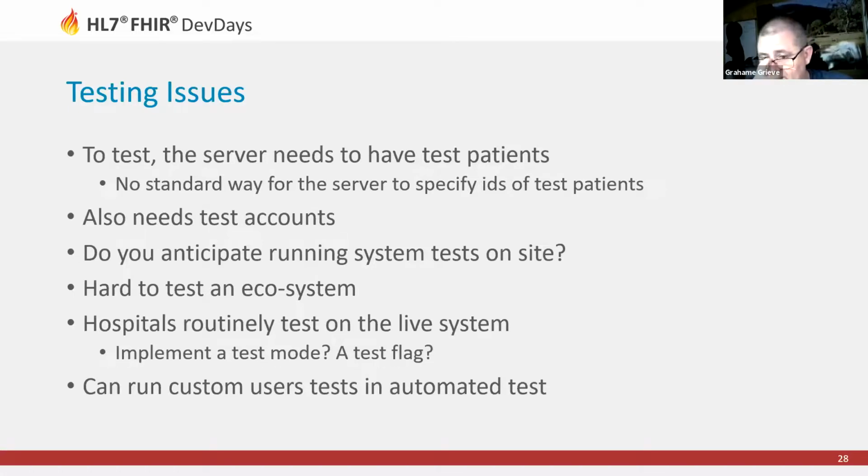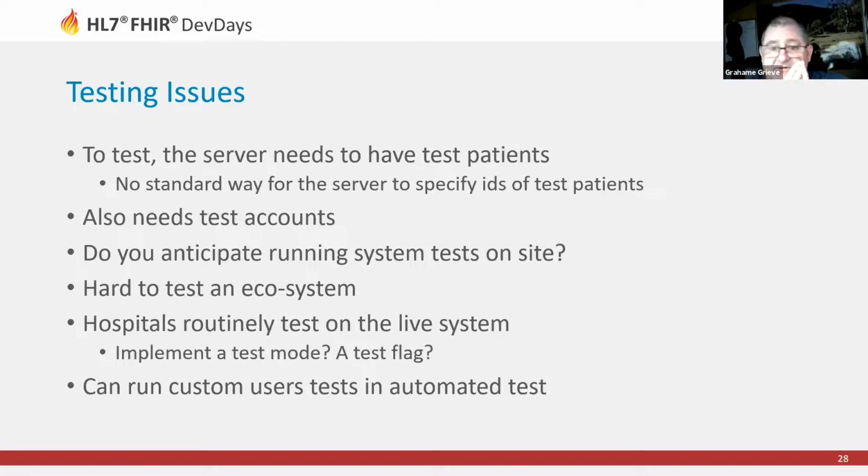But more generally, think about how do you anticipate that people will run tests on site in production? It's really hard to test an ecosystem, and I think this is an area where, in my observation, we really fall down. How does a hospital automate their own tests on their own system, or an institution do so?